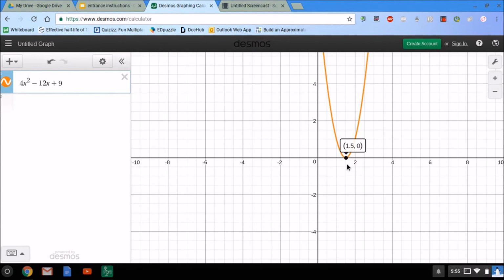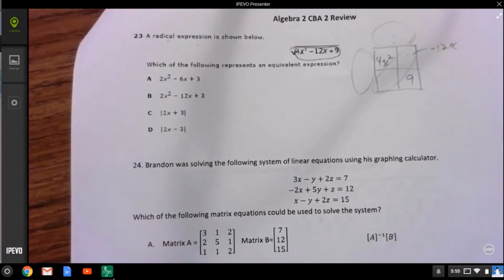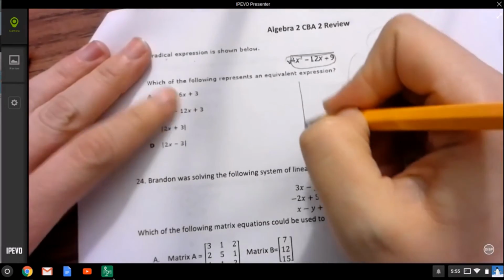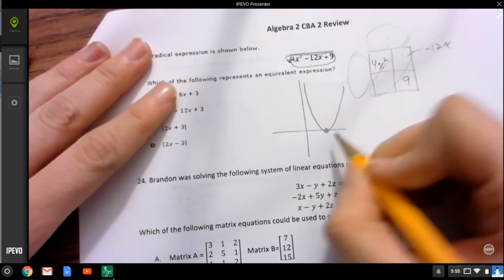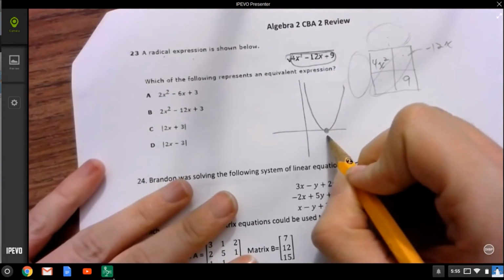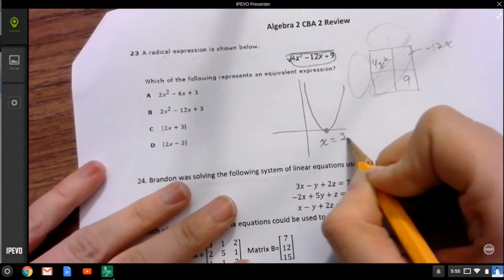That's why it's a perfect square, because no matter what my factor is, I'm going to have it squared. So my root is at 1.5, which I'm going to write as a fraction. So I'm going to write it as 3/2. Again, it was at 1.5, but I want to write that root as a fraction, so it's at 3/2.